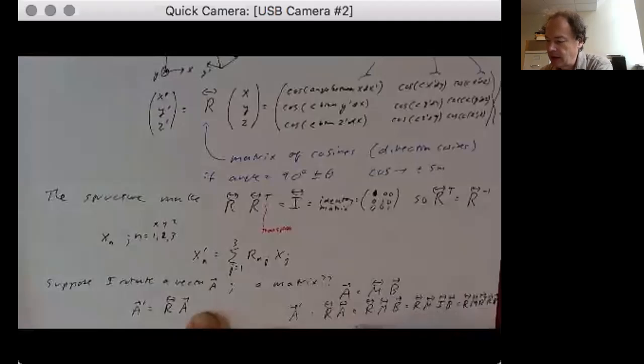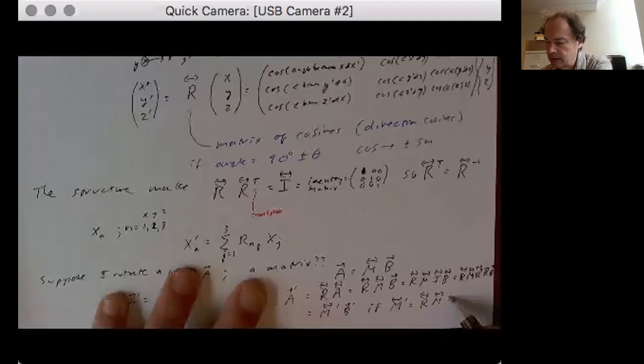And so I have A prime then equal to M prime B prime if M prime is equal to R M R transpose.